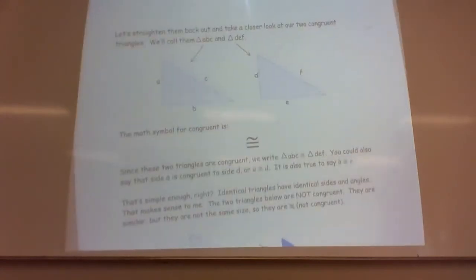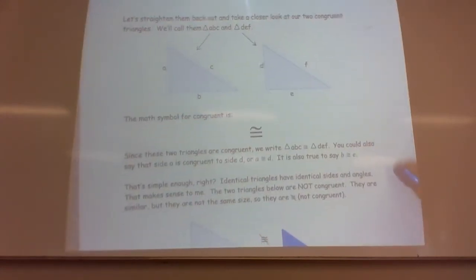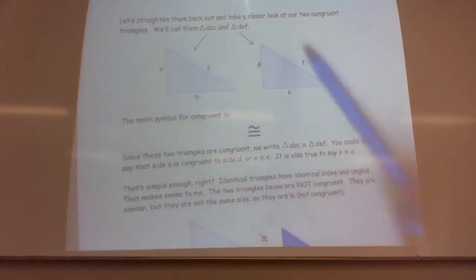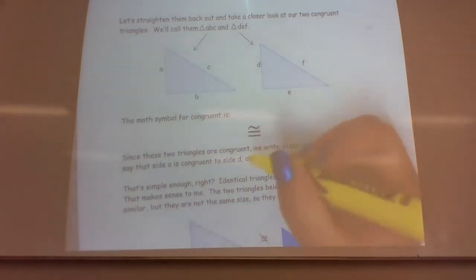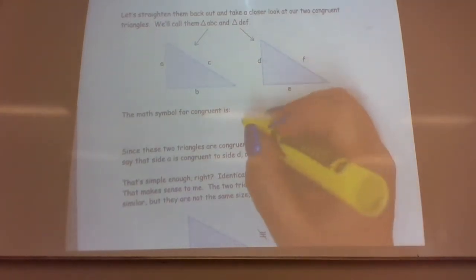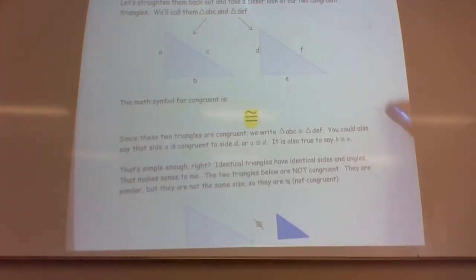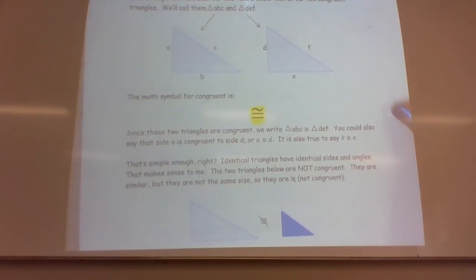Top of page 33. Now they've given us labels. This is important when we're talking about congruent: this is the symbol to show congruent. It's not just an equal sign.